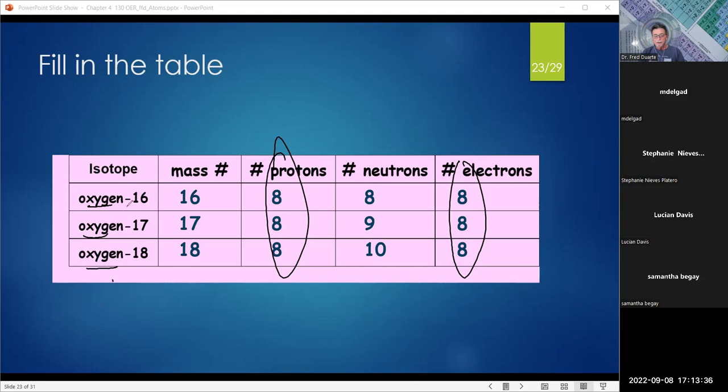You don't have to calculate that. Oxygen 16 means a mass number of 16. Oxygen 17, here's the mass number 17 and 18 respectively. The number of neutrons is simply 16 minus 8, 17 minus 8, 18 minus 8 to give us 8, 9, and 10 neutrons. Okay.